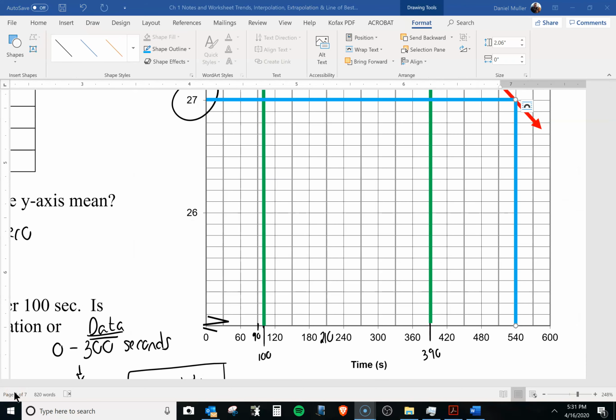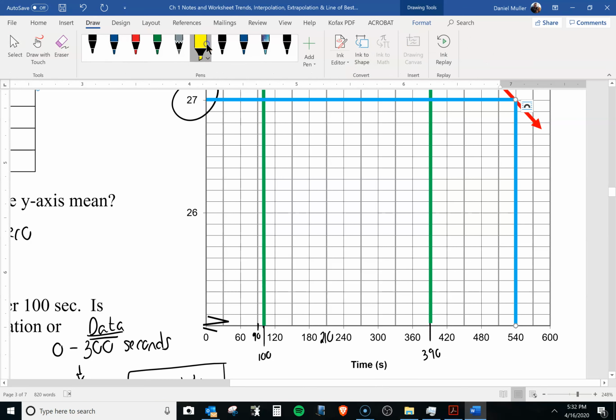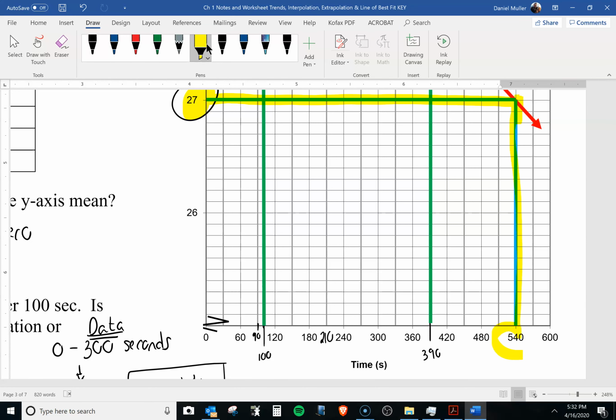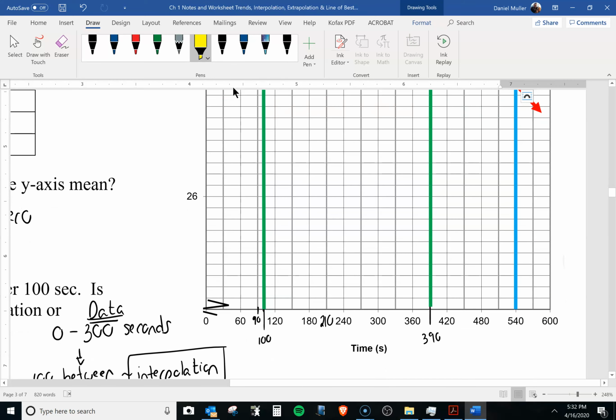So you can see here that I've now drawn a line at 27, a ruler line, till I hit there, and then I can predict that it's going to take around 540 seconds. Okay, so how long will it take for the temperature to reach 27 degrees?